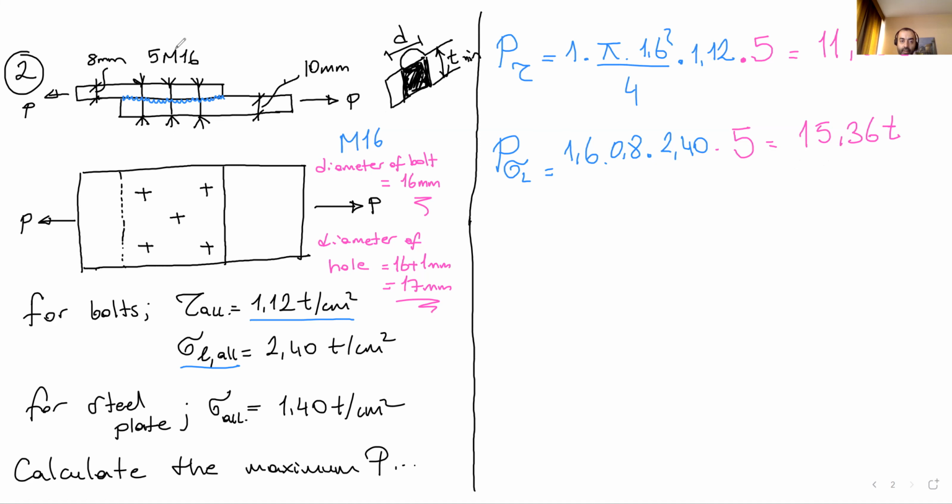Let's calculate the axial capacity of the steel plate, P steel, P plate, whatever. Okay, now I'm going to ask you the critical question. To find the maximum capacity of the plate, which section should I consider?